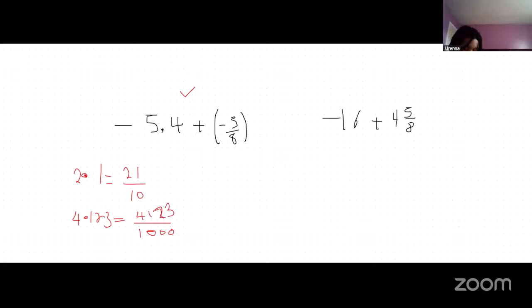Let me give you one for you to change back to fraction for me. Imagine if I give you 8.71 and I ask you to turn this back to fraction. What's going to be your answer? 871 over 100.